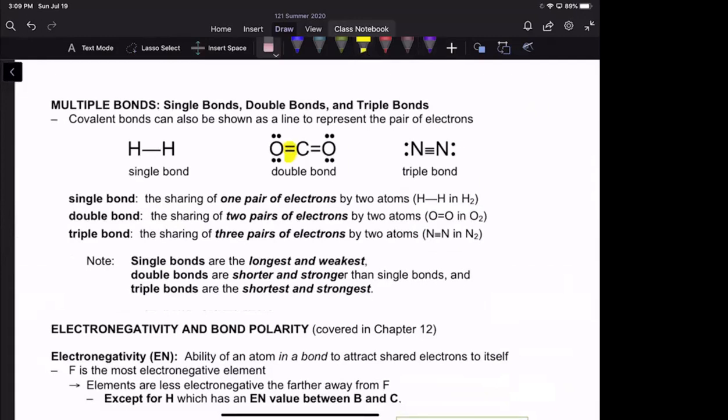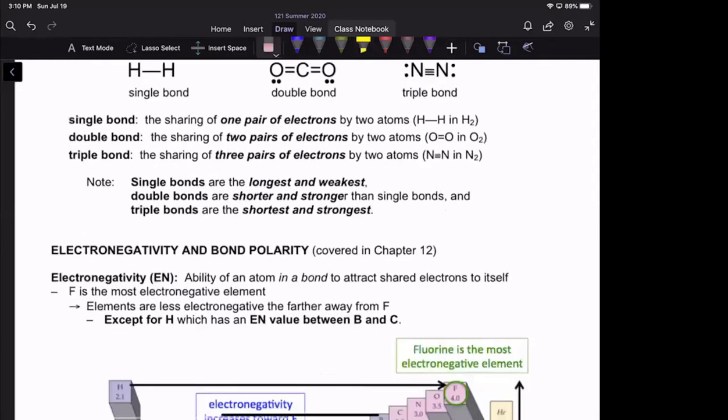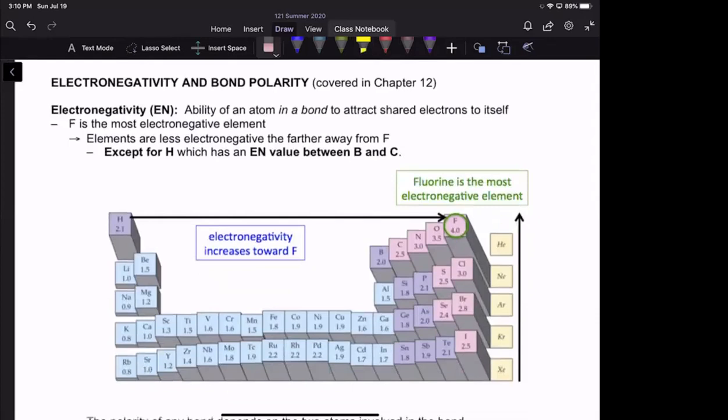And when we think about that triple bond, that is 6 electrons, 3 pairs of electrons between the 2 atoms. Those are even shorter and stronger. So we'll see those when we draw our molecules. Be ready for that. So let's get back to electronegativity and bond polarity.